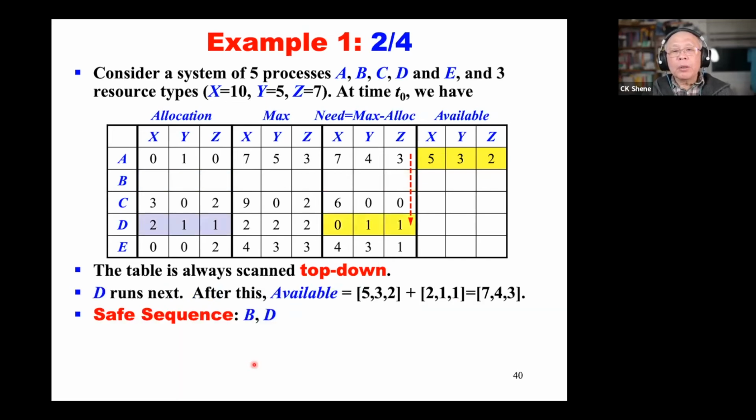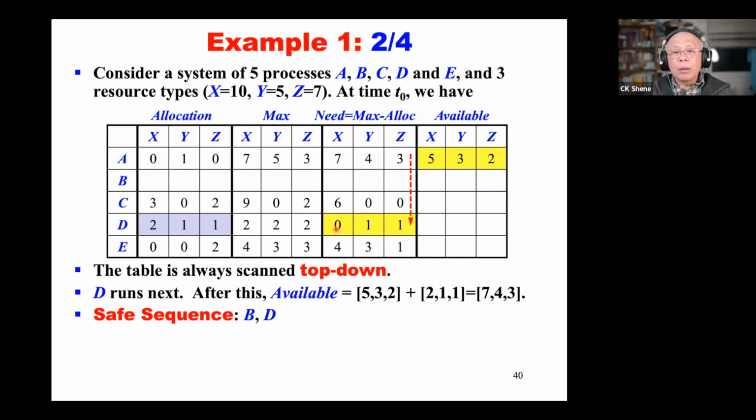Then B is done, we remove B. Every time we simply scan from top down for simplicity. So currently the system available is 5, 3, 2. Can A run? No, because 7 is larger than 5. Can we run C? No, because 6 is larger than 5.